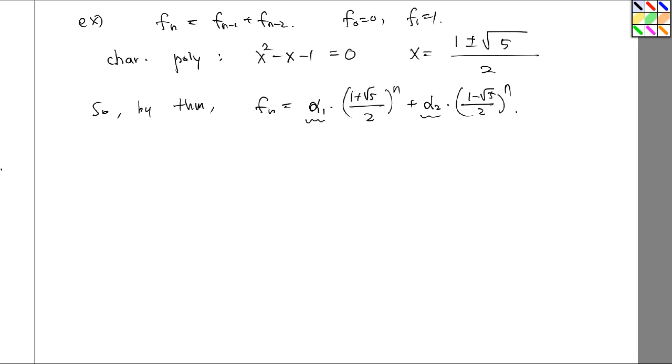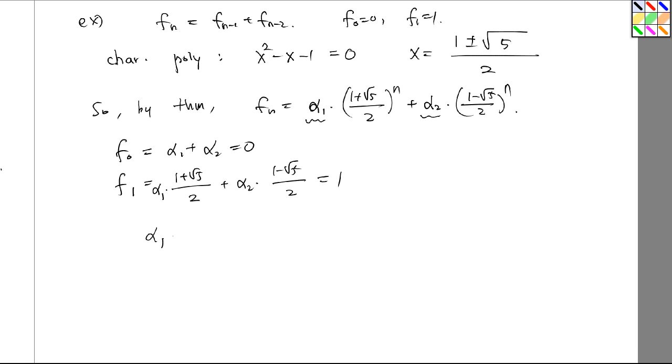If you substitute n to be 0, then we get alpha 1 plus alpha 2 equals 0. And f1 equals alpha 1 times 1 plus square root of 5 over 2 plus alpha 2 times 1 minus square root of 5 over 2 equals 1. If you solve these two equations, you will get alpha 1 equals 1 over square root of 5, and alpha 2 equals minus 1 over square root of 5.